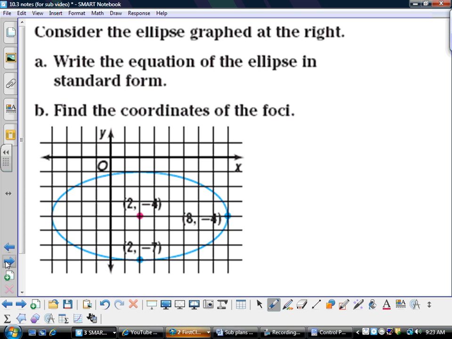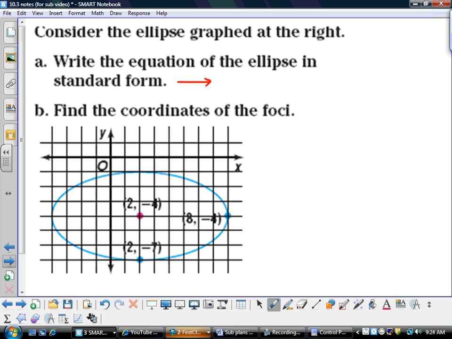Consider the ellipse graphed below. Write the equation of the ellipse in standard form and find coordinates of the foci. Standard form was that equation that we were just talking about on the last page, and there were two equations to use, one for a horizontal ellipse and one for a vertical ellipse.